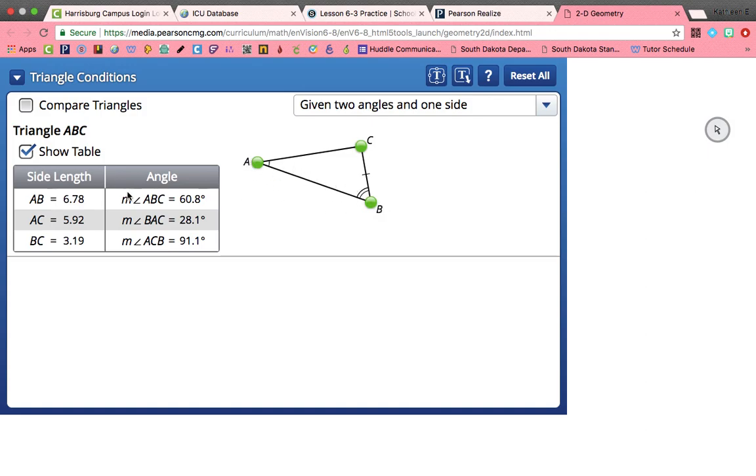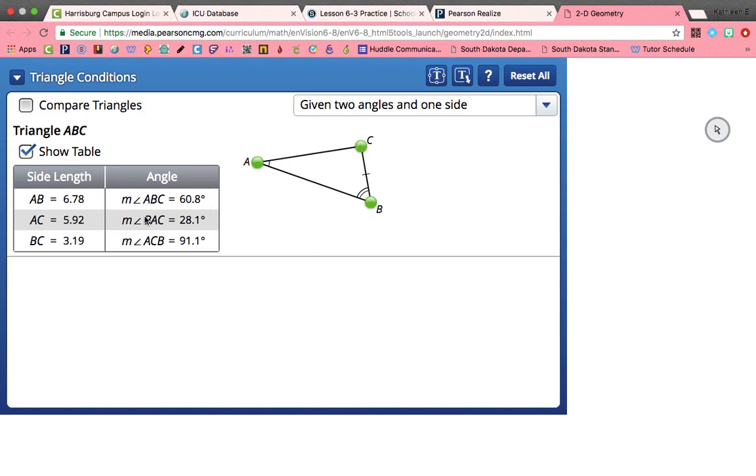There's side AC, that's this side over here, and then there's side BC, which is this side over here. If we're talking about the measure of angle ABC, the letter that starts is the starting ray, then B is the vertex, and then C is the other ray.